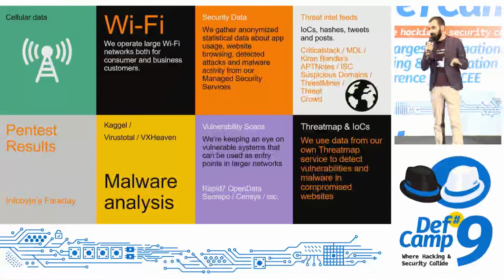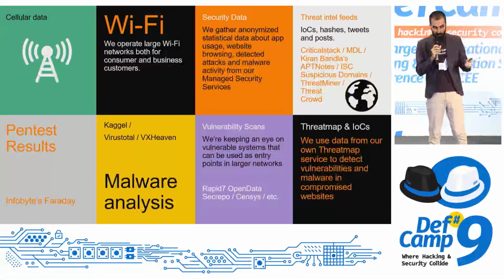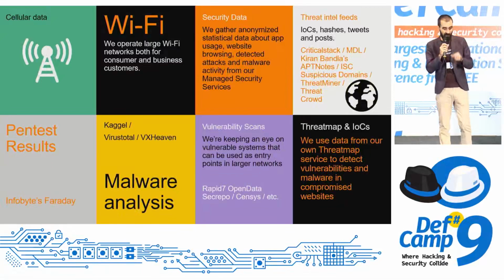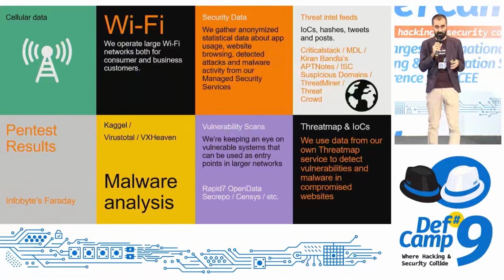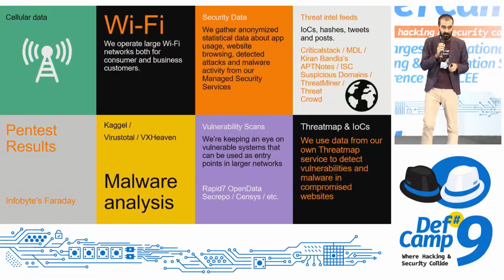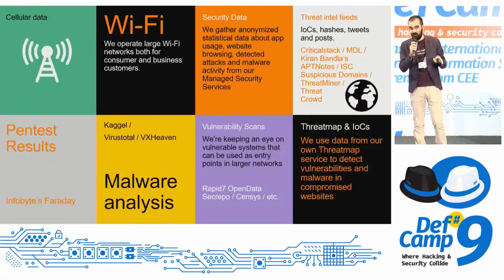We can add our info regarding cellular data. Don't worry, this is highly anonymized. We really don't need to know which of your cell phones did what and who you are, but we are maybe interested in figuring out some trends. You have your Wi-Fi data, because we operate a large Wi-Fi network, both for consumers and business customers. We have some security data that we can generate from business internet security, which is our managed security service, with sensors deployed all over the country.